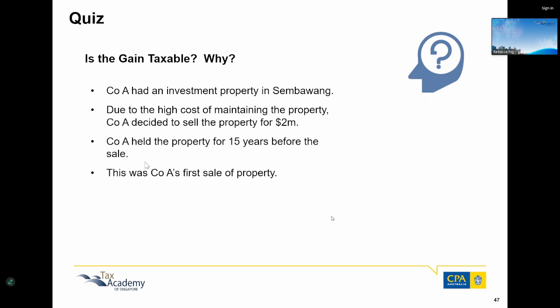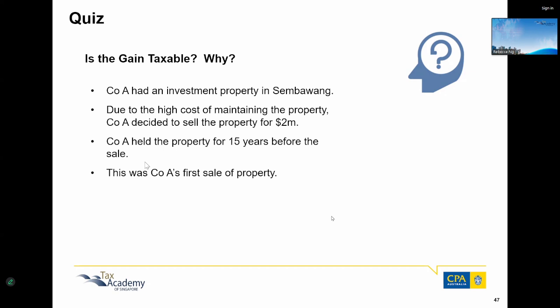Okay, then we will look at the length of ownership. The company owned the property for 15 years before the sale. So 15 years is considered a long period of time. It can indicate a capital investment. And we look at the frequency and number of similar transactions by Company A. This is Company A's first sale of property.